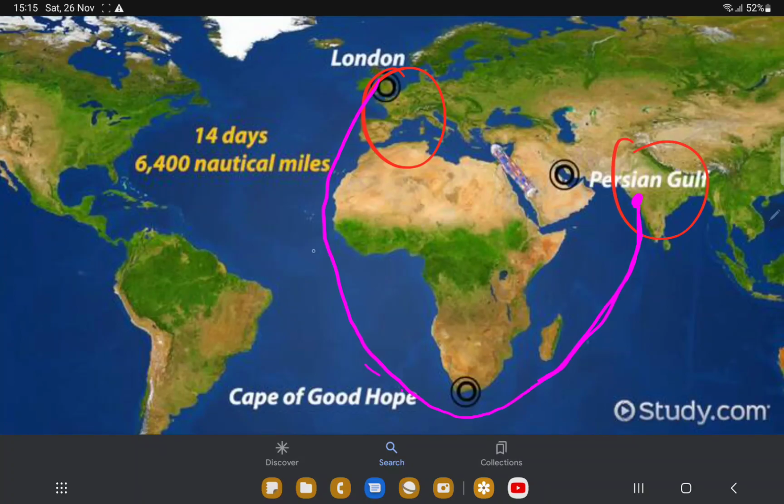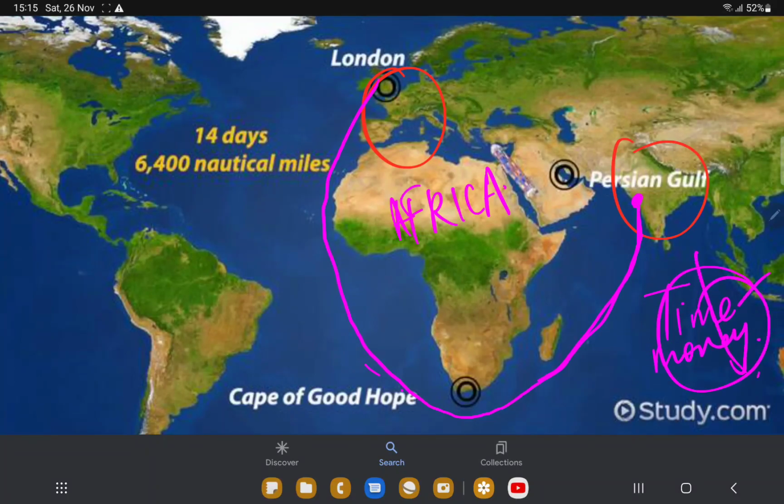Instead of going this long route, turning around Africa takes a lot of time, much more money, much more energy, everything. It's a waste of time and money. So what people did was they constructed a canal. I'm going to draw it in yellow.